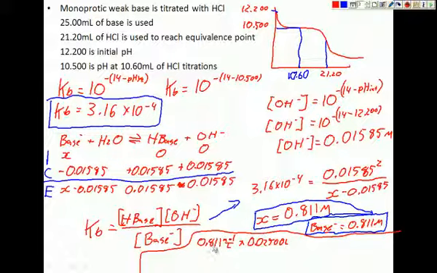Now liters cancels, and I have moles of my base. I then multiply this by 1 HCl, I know I'm writing very small, and this is equal to 1 base, because it's a 1-to-1 ratio.